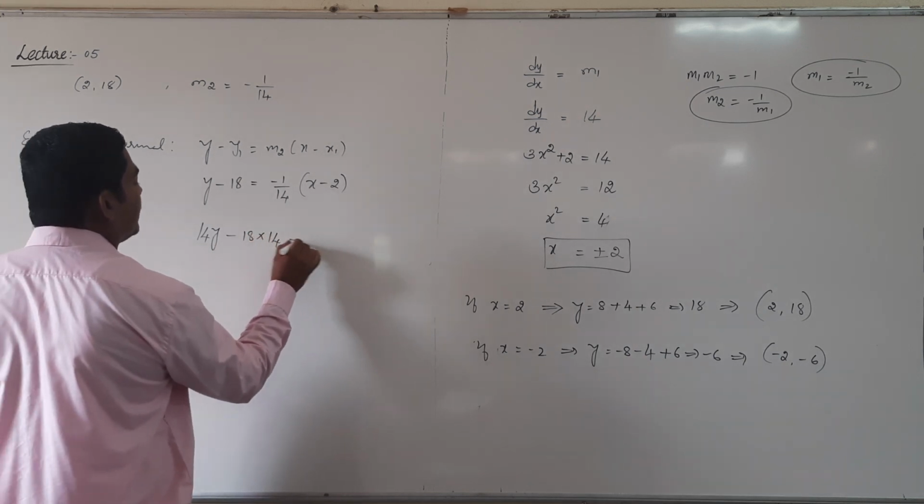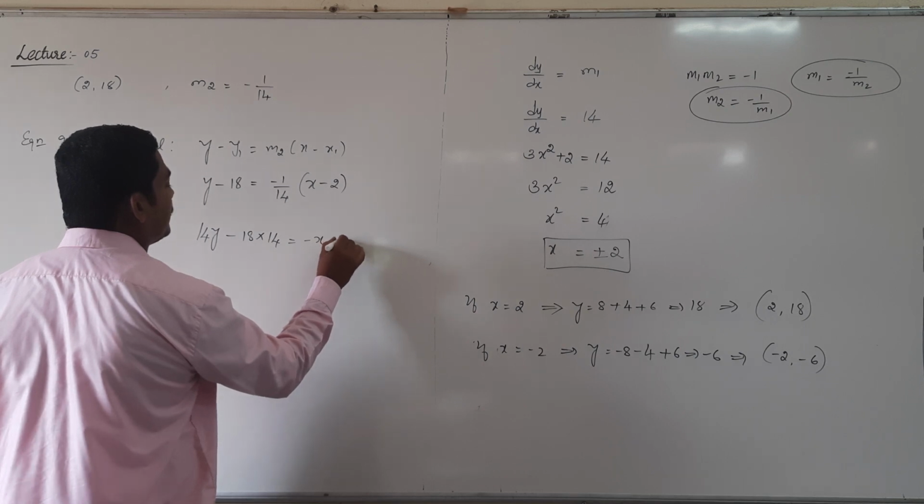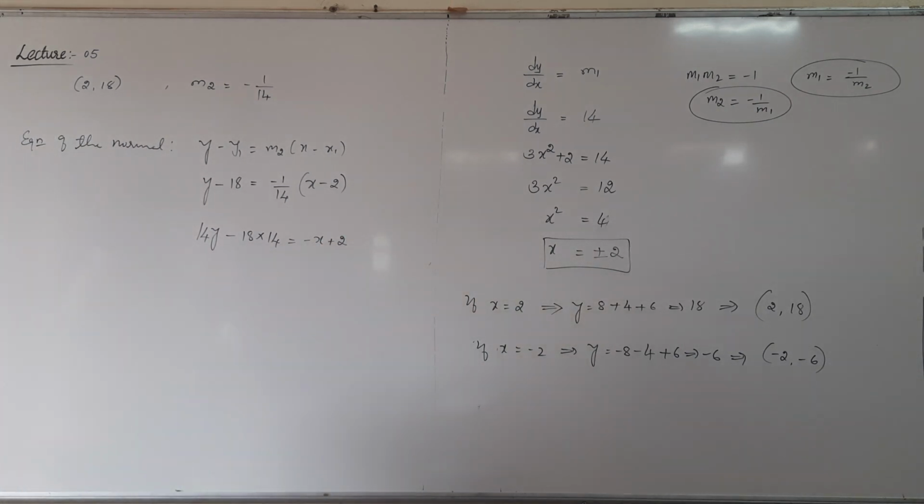Now 14y into 18 into 14, 18 into 14 is equal to minus x minus of minus plus 2. Right? Next simplification.